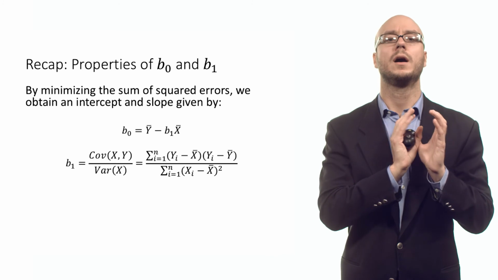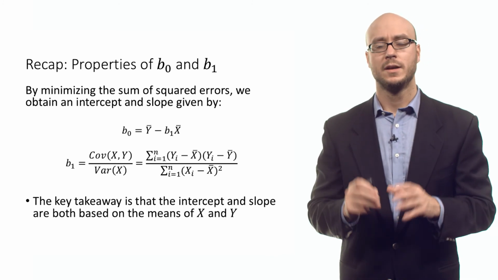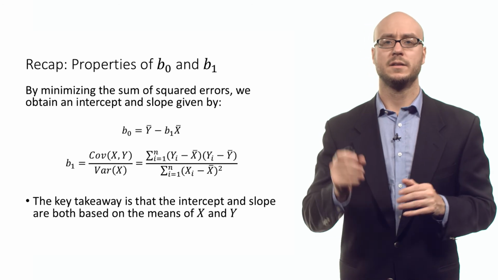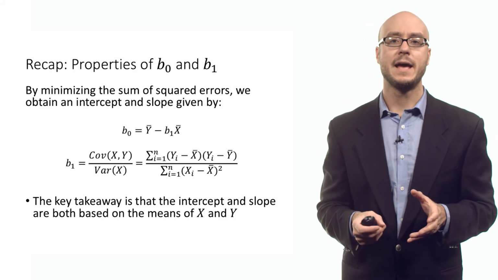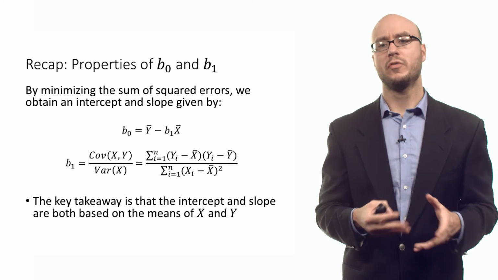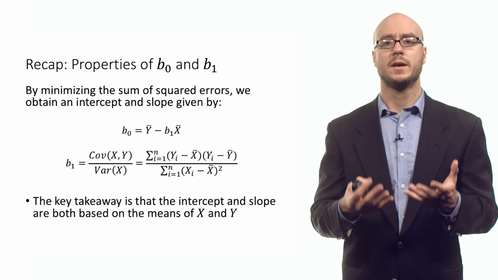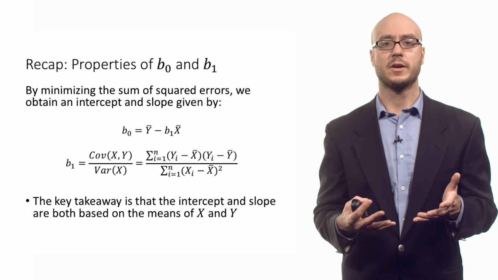And that will give you the least squares value of the slope. You don't actually have to calculate the slope or the intercept by hand, but the key point is that both of these can be expressed in a very simple way, just in terms of the covariance and variance.